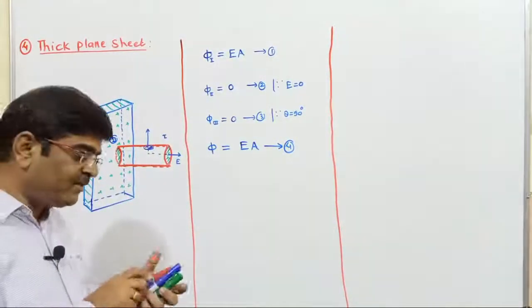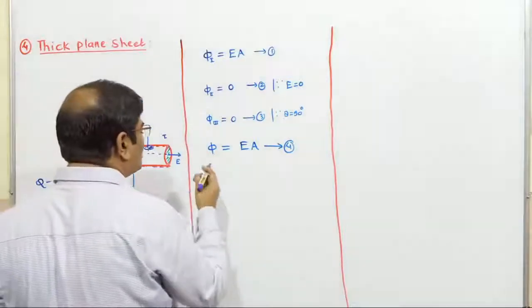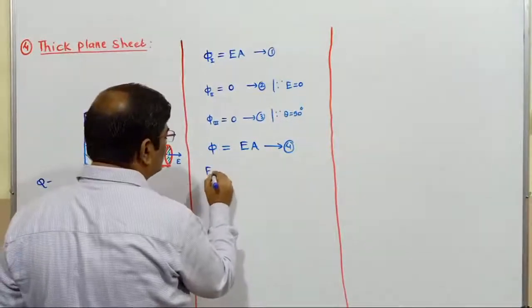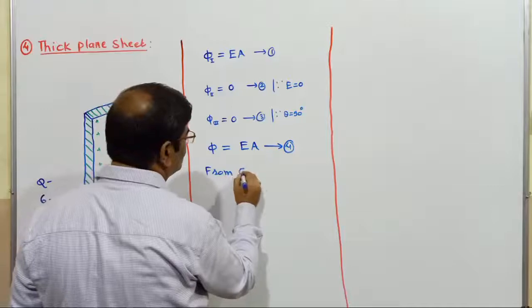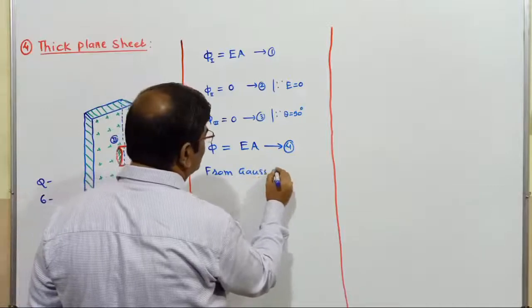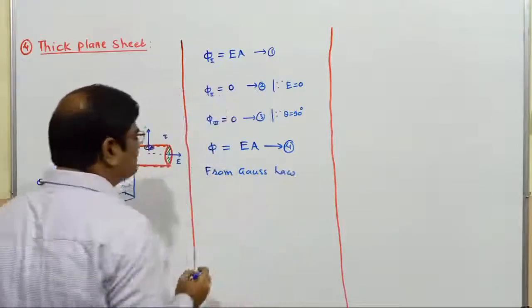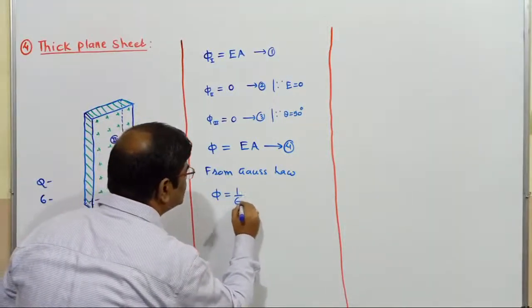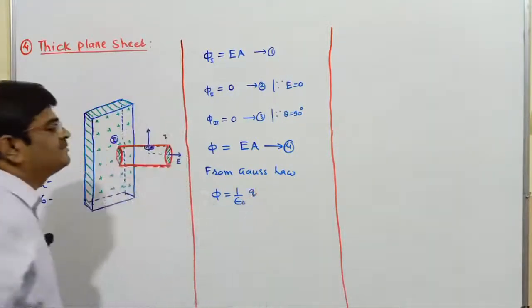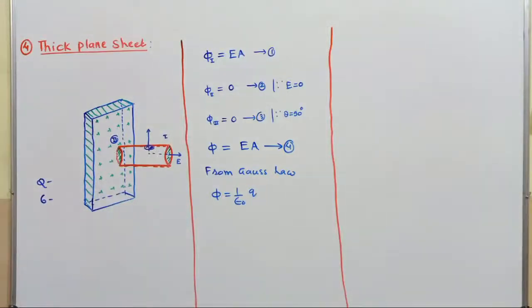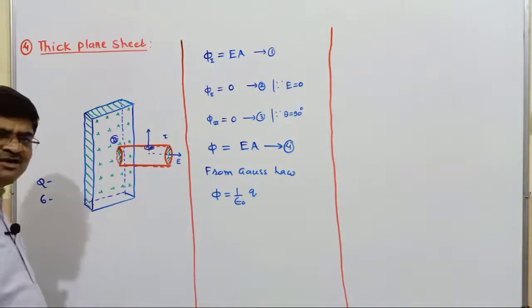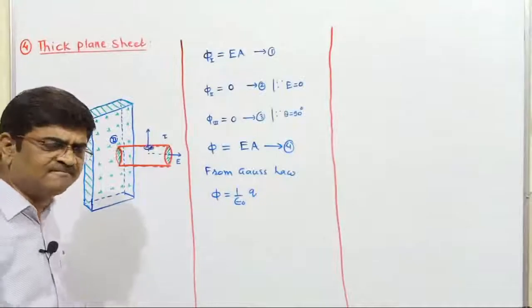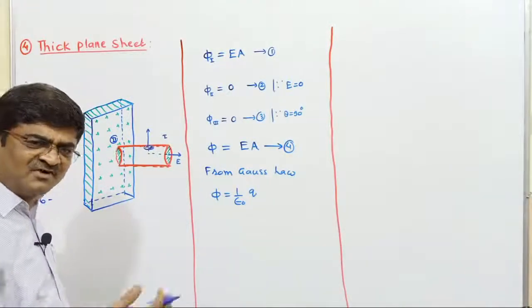Now my next step is to recall the Gauss law, Gauss theorem. What do I understand from Gauss theorem? Flux associated with a closed surface is equal to 1 upon epsilon 0 times the charge enclosed. How much charge enclosed? Not the whole charge again, same discussion as before.